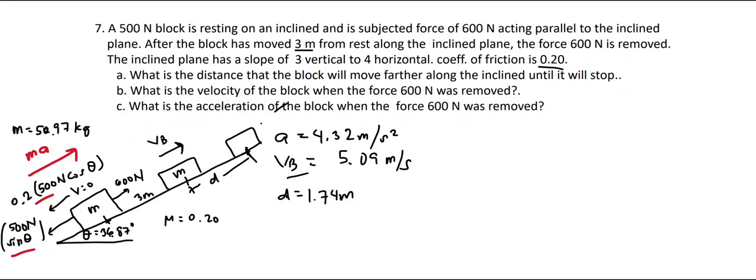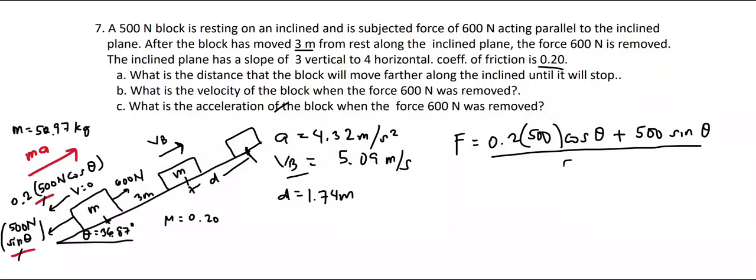And for the last problem, once the 600 Newton force was removed, only the force due to friction and due to its own weight would act on the block, that has a value of 0.2 times 500 newtons cosine of theta plus 500 newtons times sine of theta. To convert this into acceleration, we divide this by a mass of 50.97 kilograms.